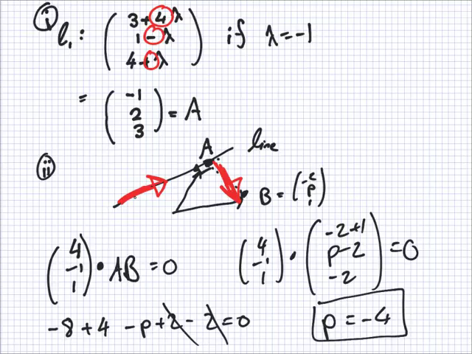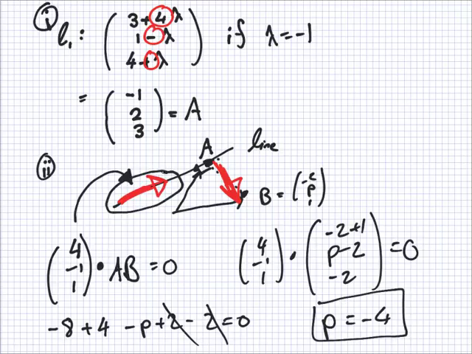4 minus 1, 1 is this vector here. It's the coefficients of the line. Where's 4 minus 1 from? You just asked me that. It's this vector, the vector on the line.